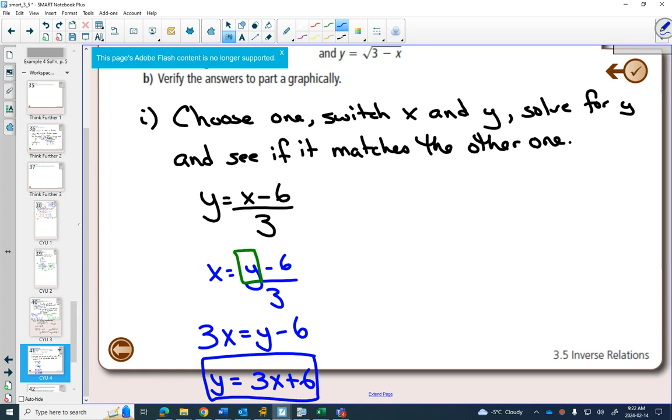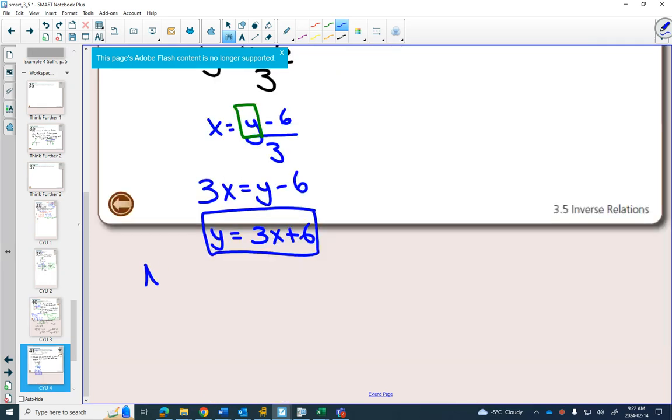Are they inverses? No. They're not inverses.